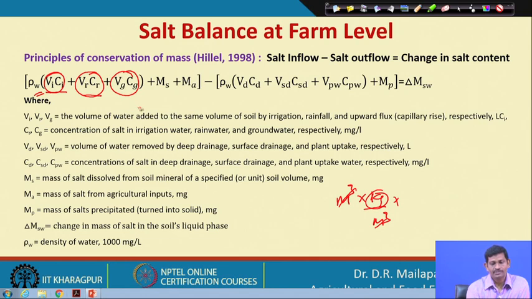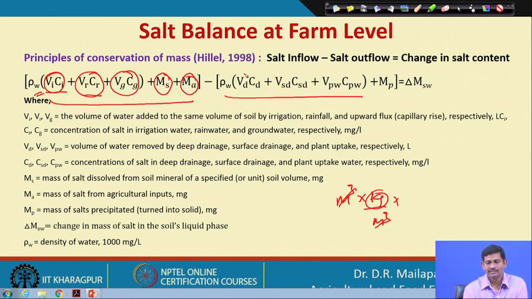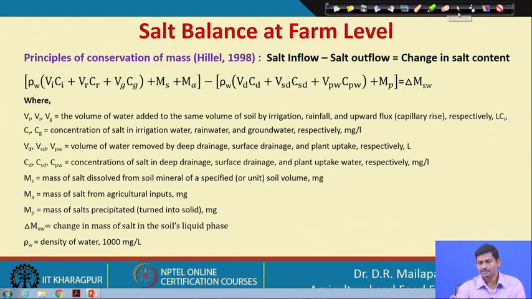These are all inputs, and Ms is the salts due to soil minerals, and Ma is the fertilizer or agricultural inputs application. This is all inputs, and then the outputs: this is the drainage, this is surface drainage, this is due to crop water uptake, and then Mp, which is precipitation kind of thing. Finally, you get the change in salts present in the soil.